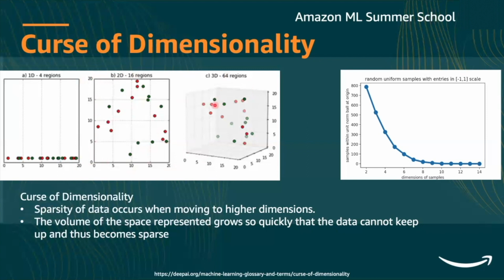So a majority of those 64 blocks would be empty. This is what this right figure is trying to say: as you go to higher and higher dimensions, the number of samples in each of those cubic regions, which in this example is 5 cross 5 cross 5 for 3 dimensions, decreases.